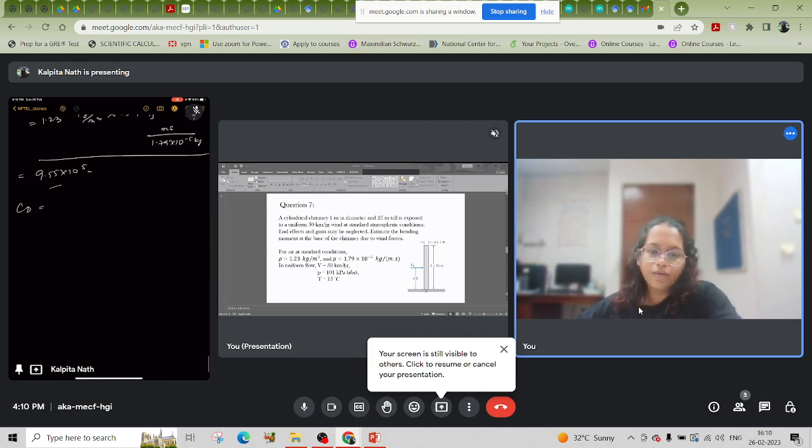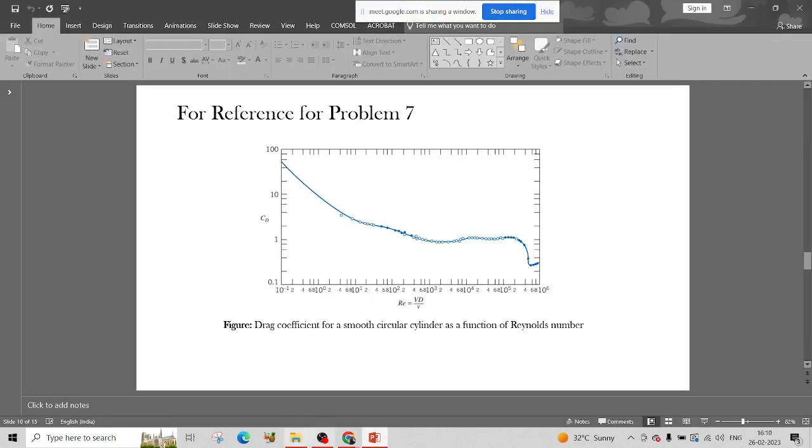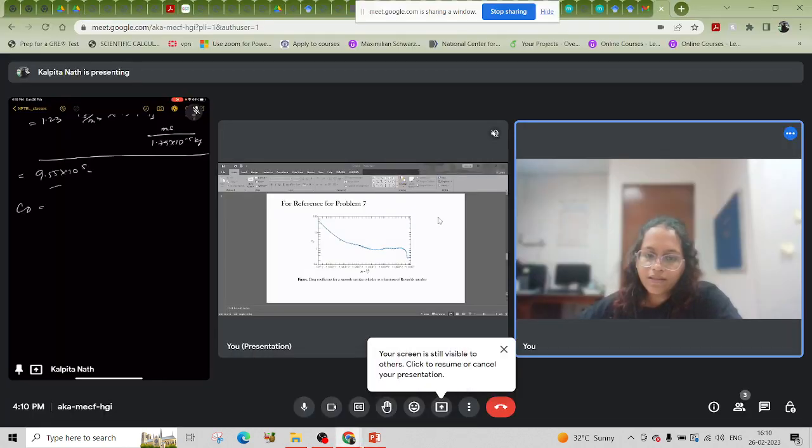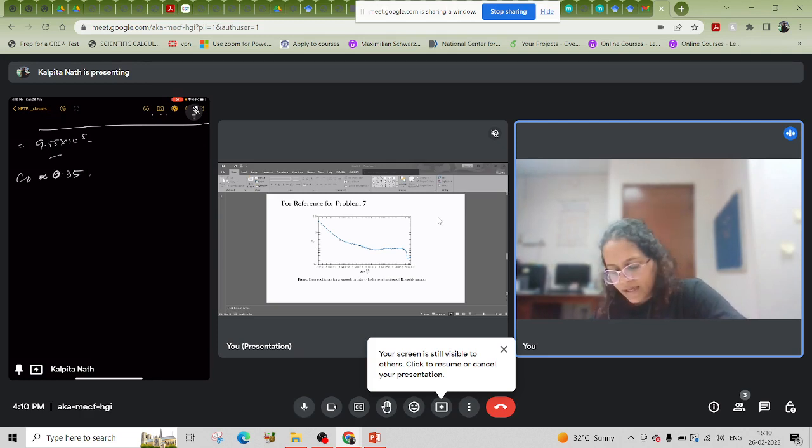We can see the graph now. CD we can see that corresponding to that the CD is 0.35 approximately, right?